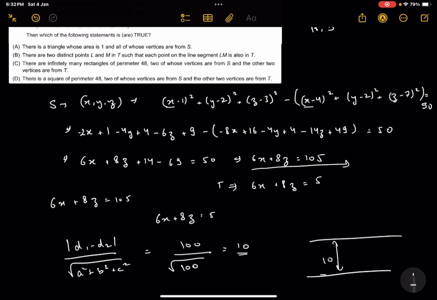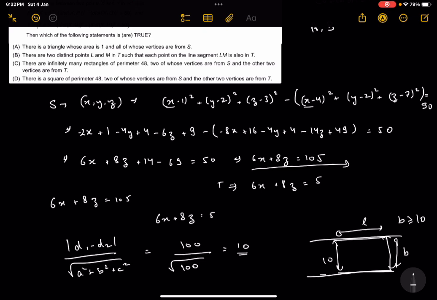So we can have rectangles of perimeter 48 because this length is 10, and taking 2 points from each, this length L, and taking this as breadth, B will be greater than or equal to 10.